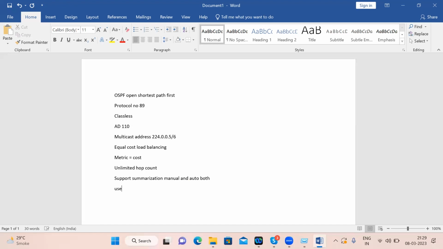It uses the concept of area. What is area? Yes, anybody can explain what is area?